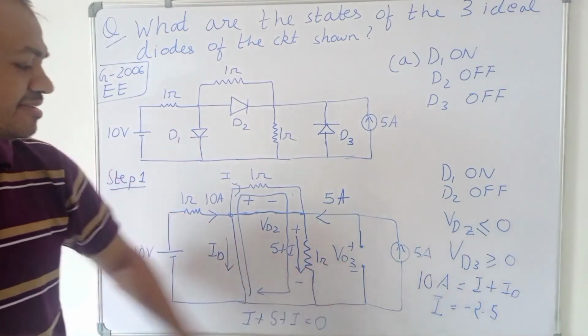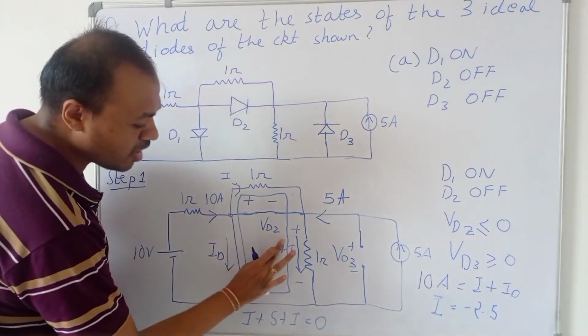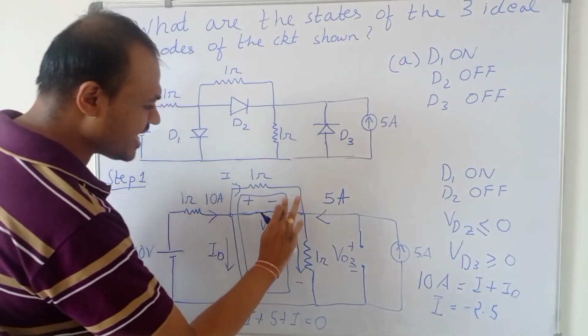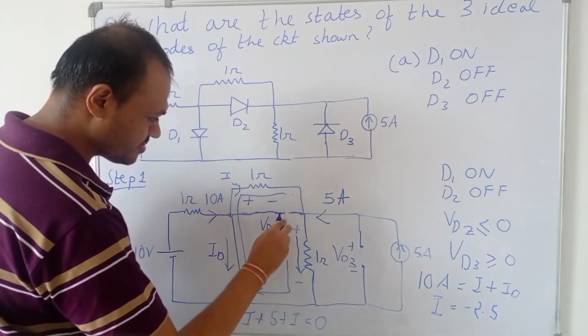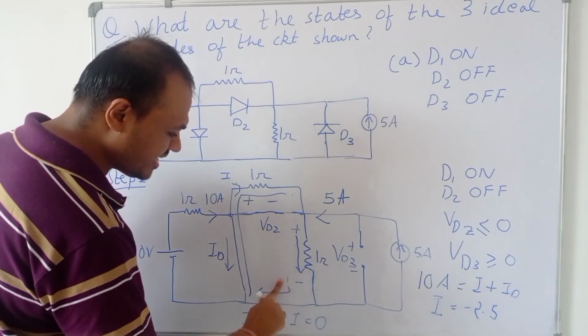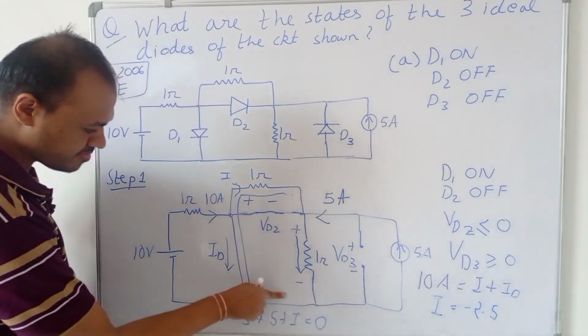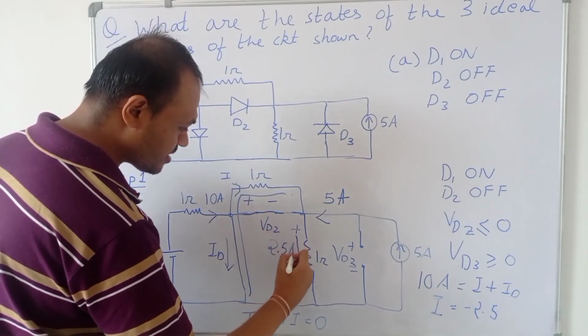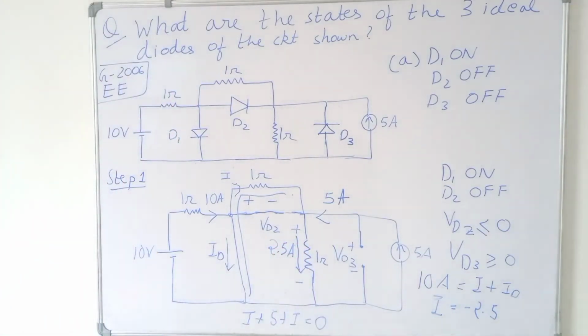Now VD3. We can write the value of this current. This is 5 plus I, and I is minus 2.5, so this current will be 2.5 ampere.